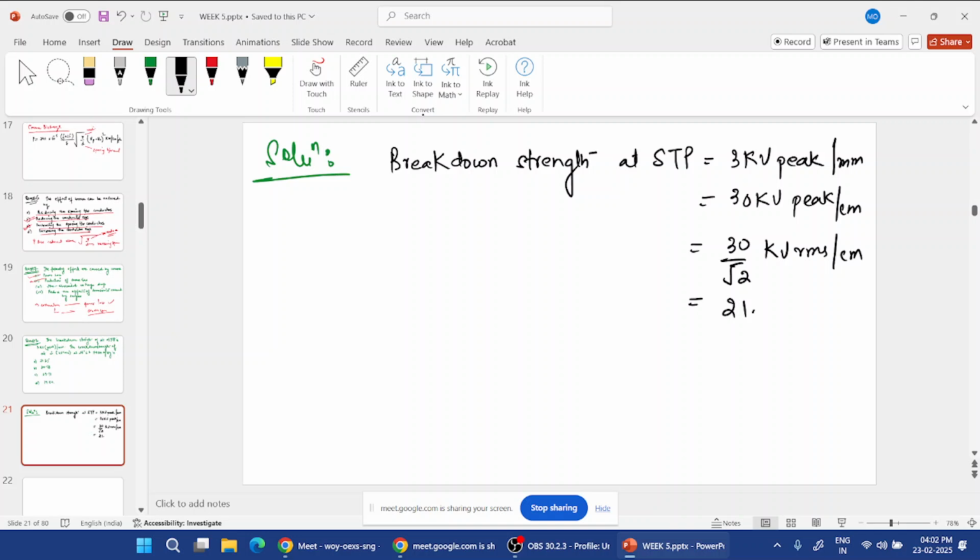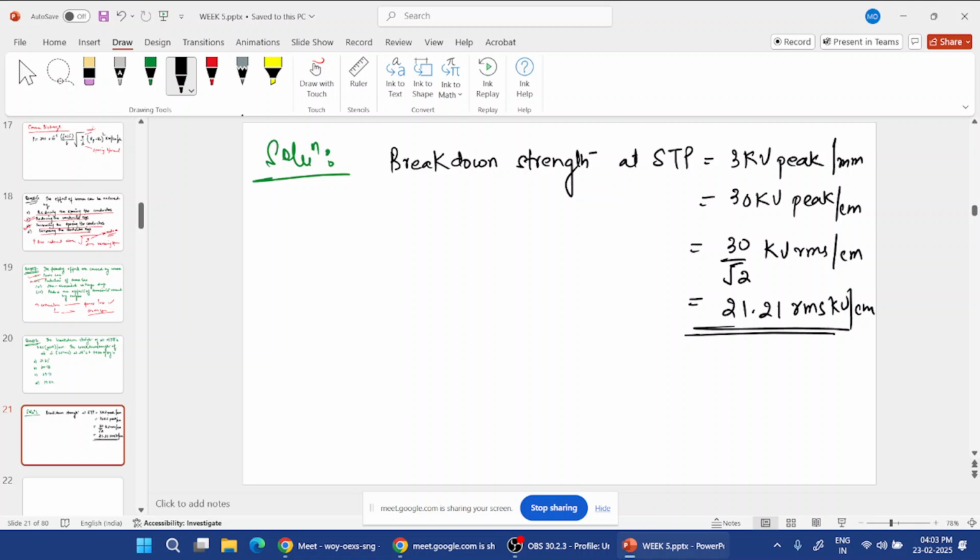And you can see it will come out to be 21.21 RMS kV per centimeter. Okay, so now what happens here is that we have to calculate it at 74 actually. Breakdown strength at 26 degree and 74 cm of Hg. Okay.